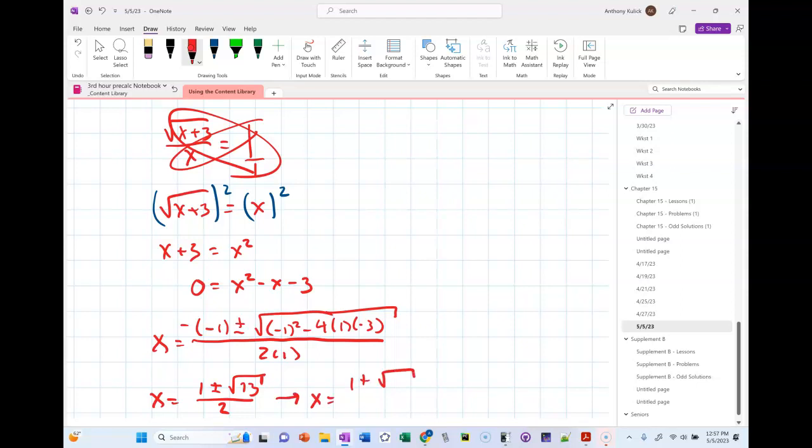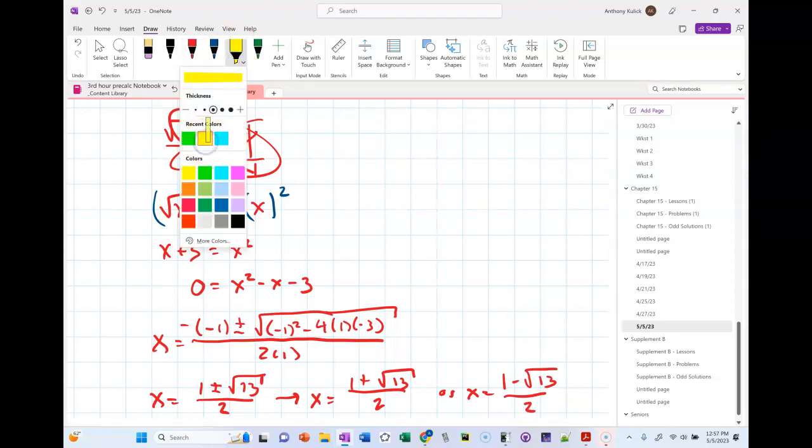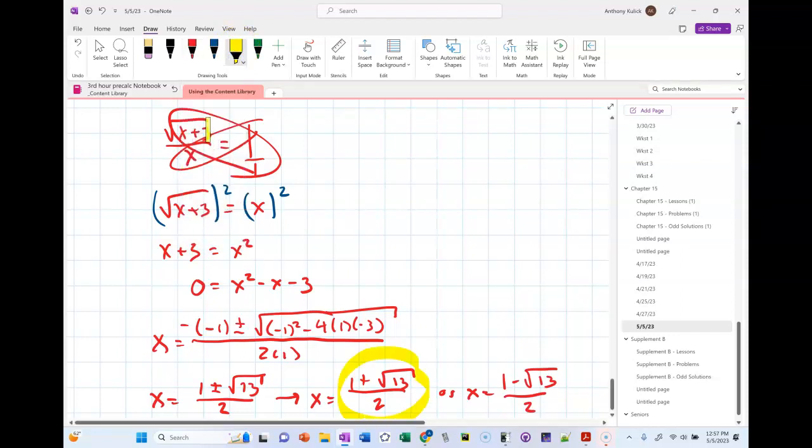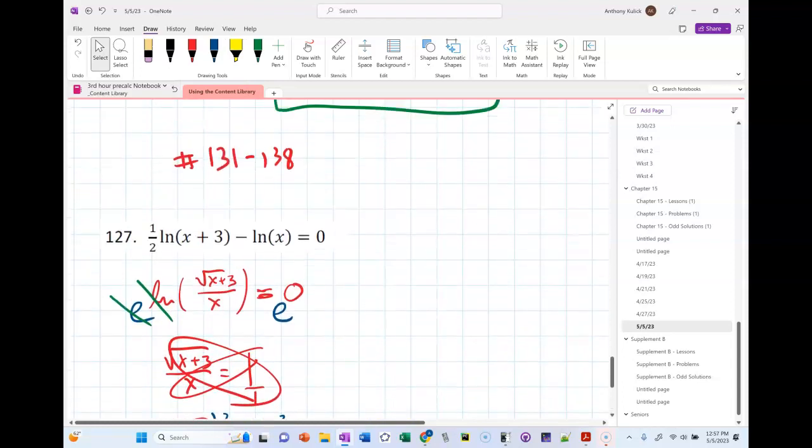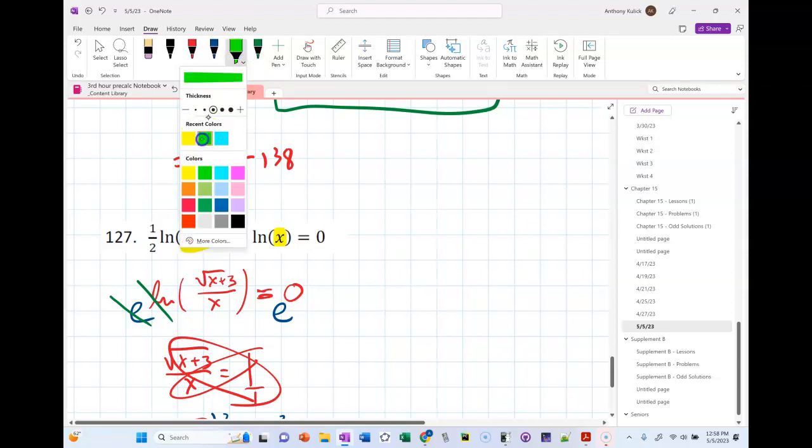But I still need to check to see if either of these is extraneous. So if I take a look at the first one, clearly that's a positive number, right? So if I go up here, if I plug a positive in here or a positive in there, either is good, right? So that's no problem.